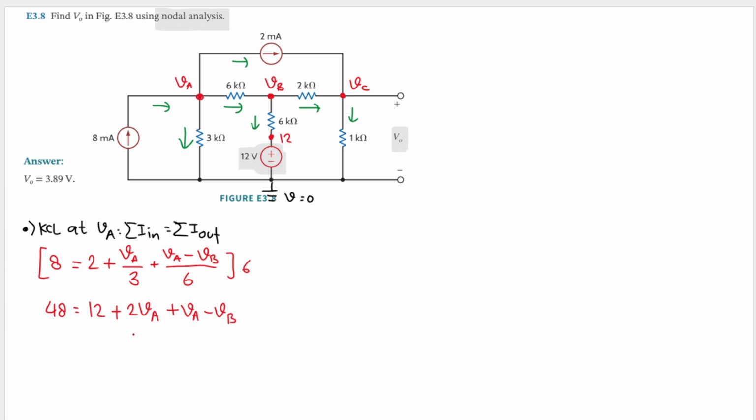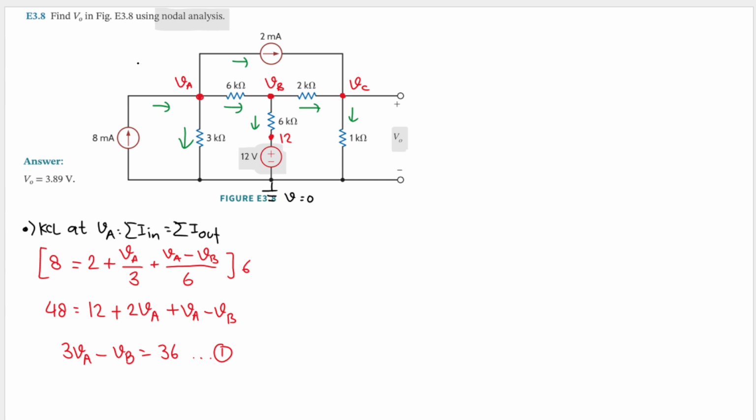So here we will have 3 VA minus VB, and that will equal 48 minus 12. That will be 36. Nothing that we can do further from here. Let's just save this equation as equation number 1.